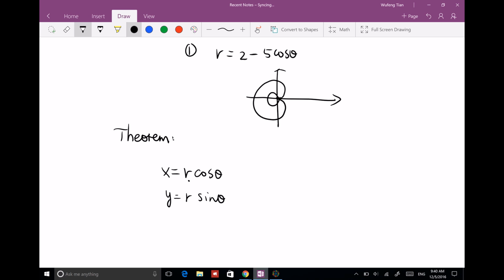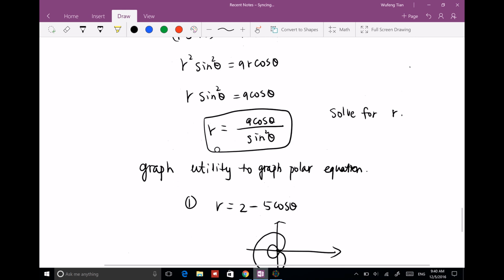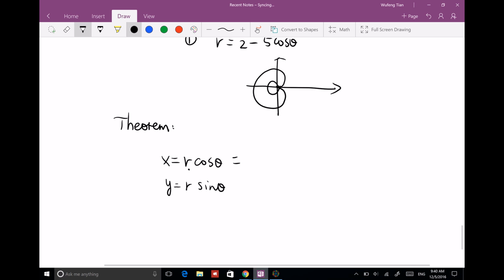We got r equals 3 sine theta. You see r itself is a function with respect to theta, so we have f of theta cosine theta. Since r is a function of theta, we just put f of theta for r in x and y.